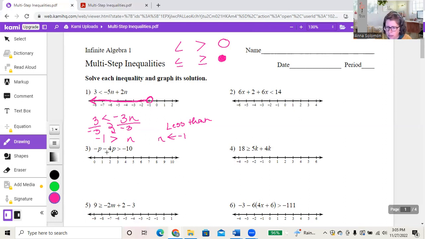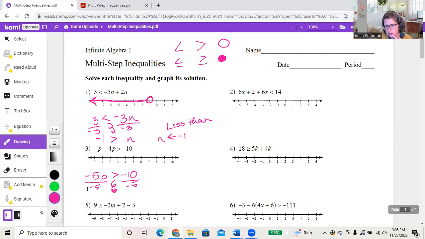So negative p minus 4p is going to end up being negative 5p is greater than negative 10. Then we're going to have to divide by negative 5 to get p by itself. So dividing by a negative number, what does that mean? It means we're going to have to flip that sign again.